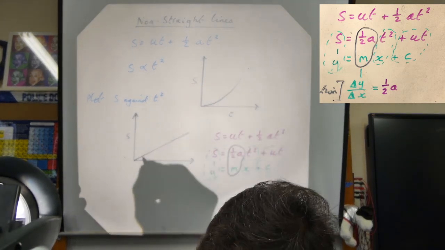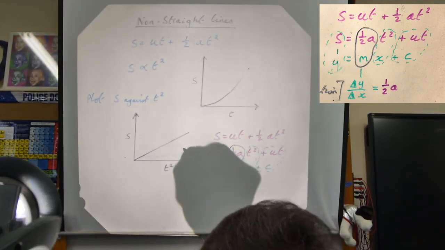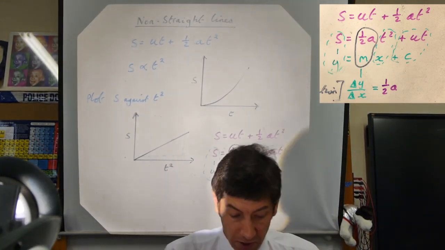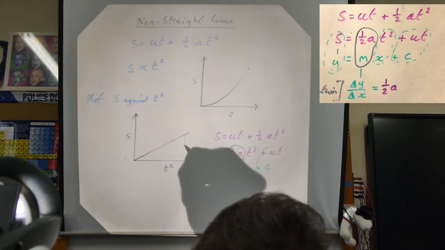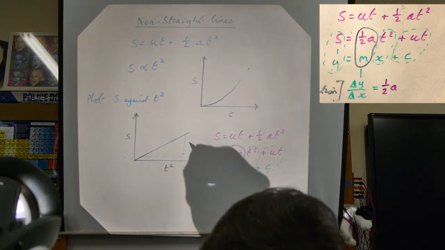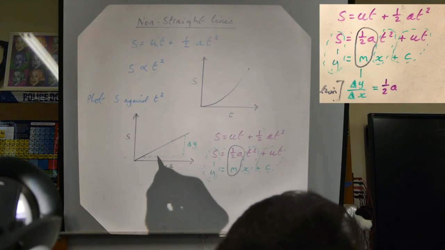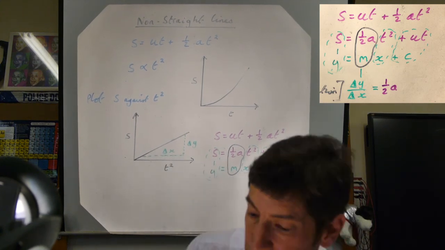Just for the sake of the teaching, I'm going to start a little bit higher up. So there's my triangle, and that's how much we've changed our displacement by. So that's the change in y value. This is how much the t squared has changed by, the change in x value.